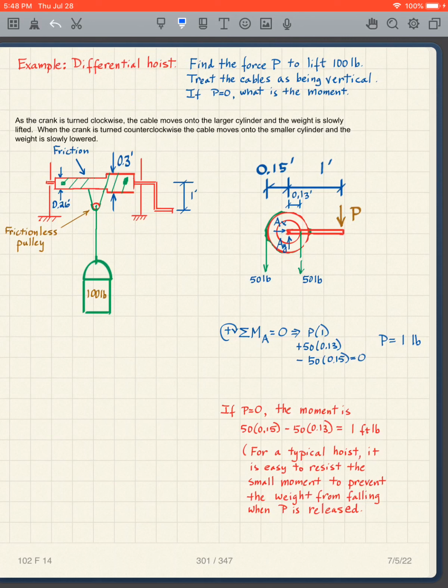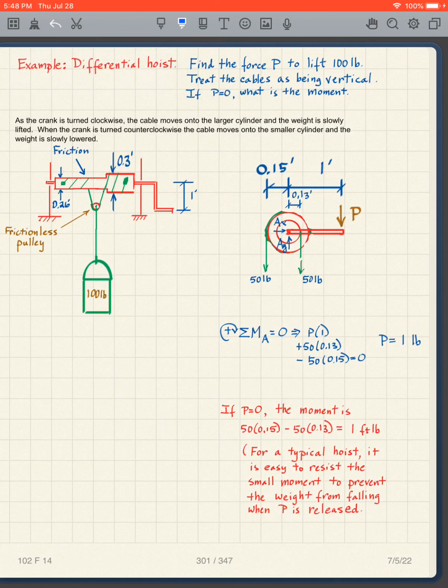So now when I look at this, if I take away this P, let's get rid of that P, what do I find? Well, it's a small moment. It's a small moment. And with a little bit of friction, you can throw in some friction there, you can resist that small moment that this produces, because it's just the difference.